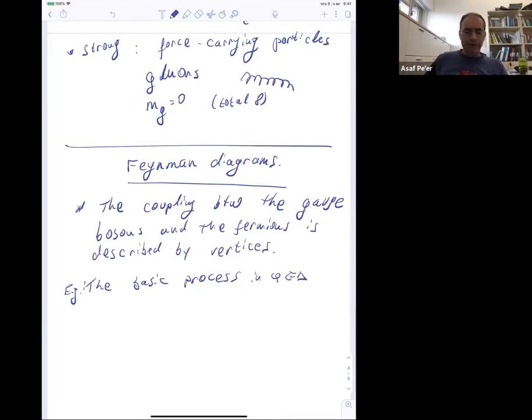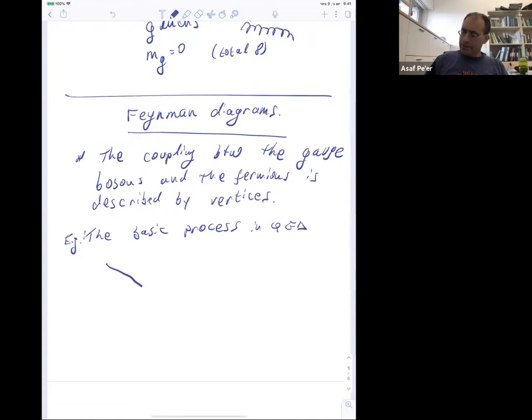Which is essentially a vertex of 2 charged particles with the same flavor. So I can have here an electron, but I can also have here a muon, or a tau, and a photon.